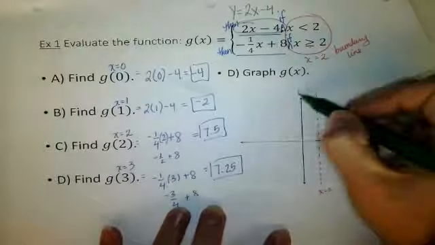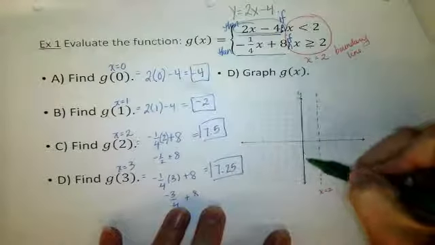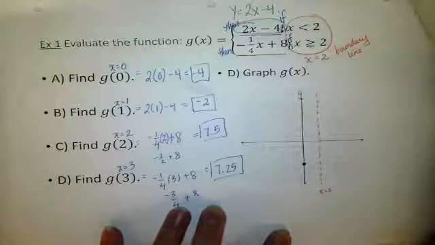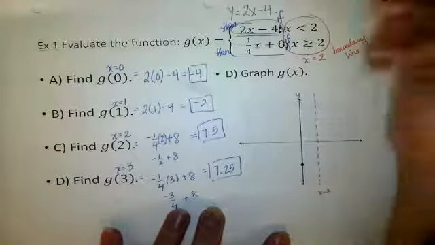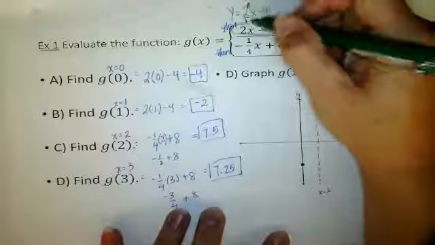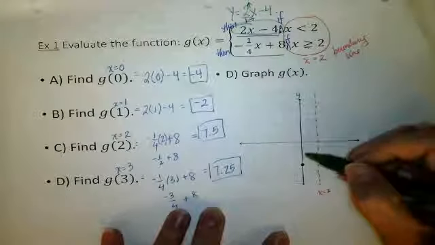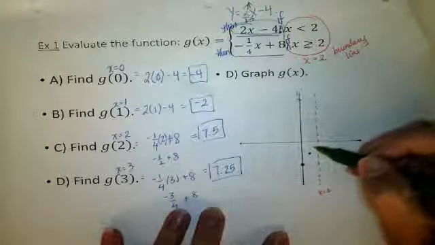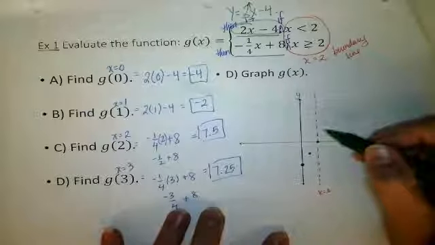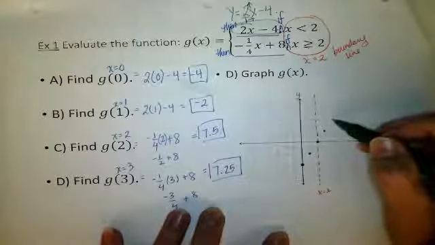No, you graph on the y-axis. 1, 2, 3, negative 4. And then it has a slope. What's the slope? 2/1, which tells you to go up 2, right 1. So I'm going to do that. Up 2, right 1, and keep going up 2, right 1.